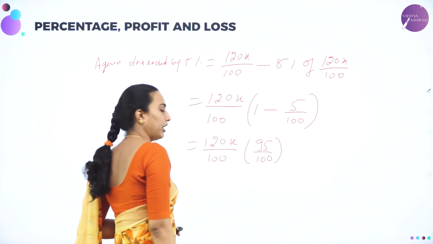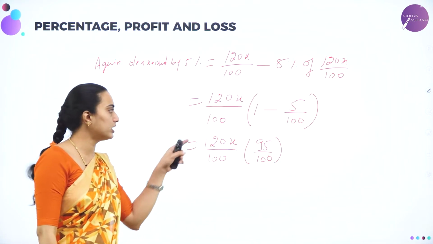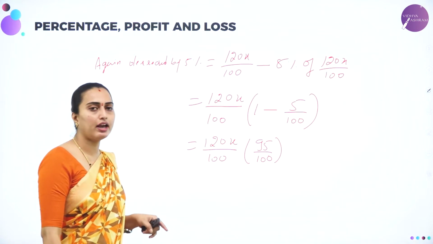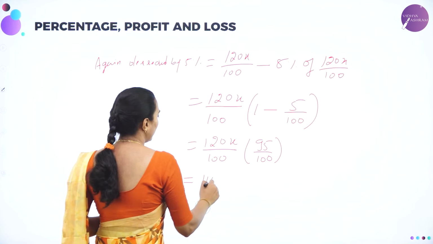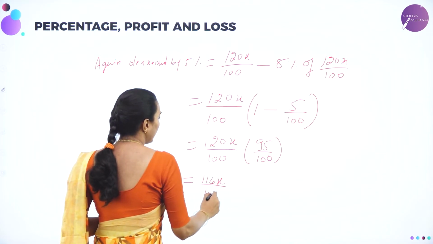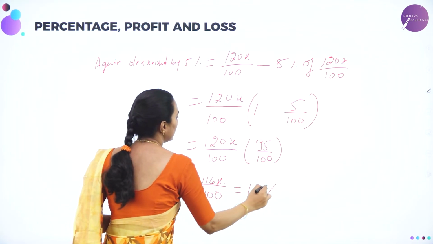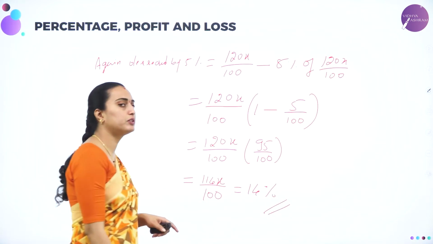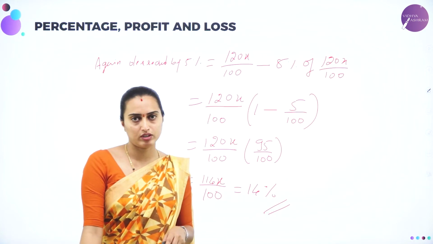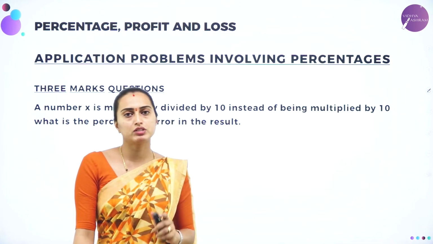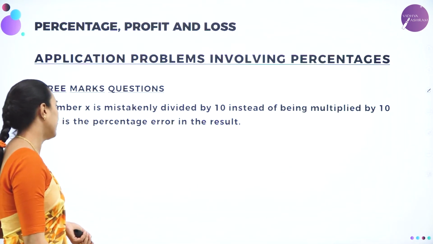If you take LCM, 100 into 1 is 100, 100 minus 5 is 95 divided by 100. So if you calculate this, you get 114X divided by 100, which is nothing but 14%. So this much percentage was the change in the cost of the TV. Okay. I hope you understood this question. We'll move on to the next question.